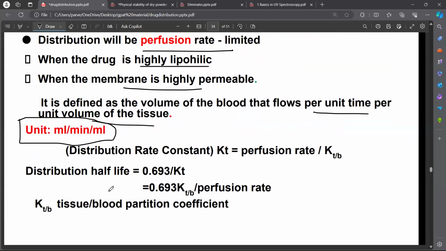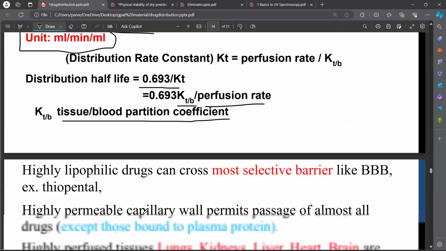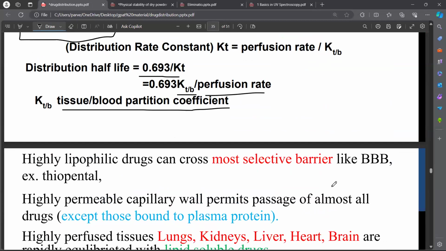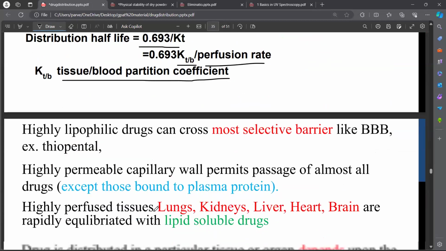The distribution half-life is 0.693 by K, which is the tissue to blood partition coefficient divided by the perfusion rate. Highly lipophilic drugs can cross the blood-brain barrier, etc.